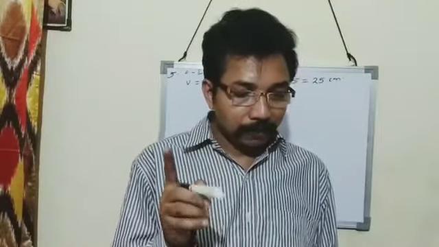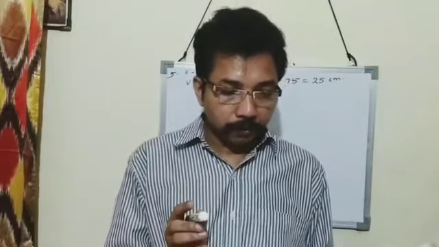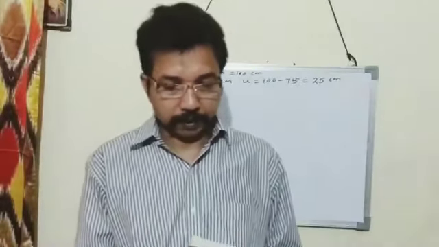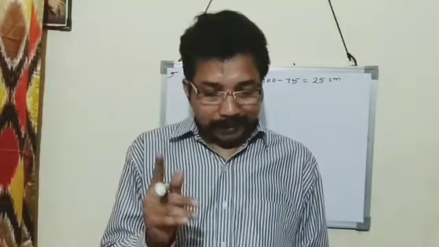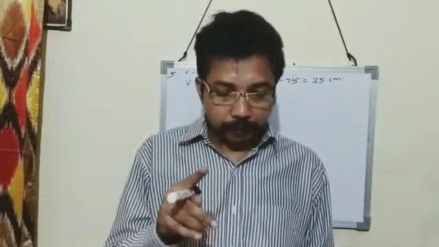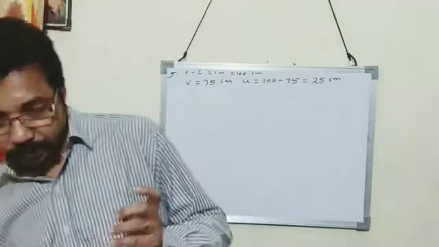The distance between screen and the lens is 75 centimeter. Means image distance v is equal to 75 centimeter. Then object distance will be 100 centimeter minus 75 centimeter equal to 25 centimeter. Find the focal length and magnification.